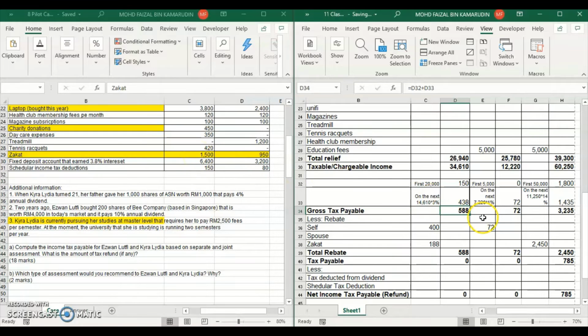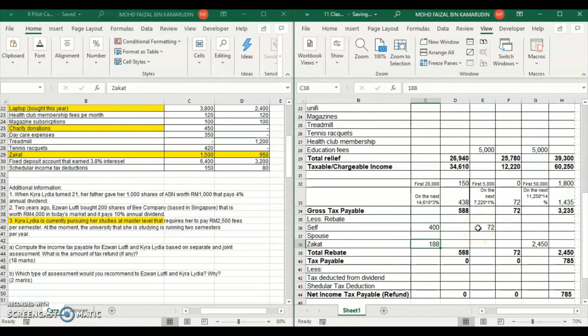But in this case, the gross tax payable is only 588. On top of that he has received the rebate of 400 because his chargeable income is less than 35,000, so he can only claim for 188.